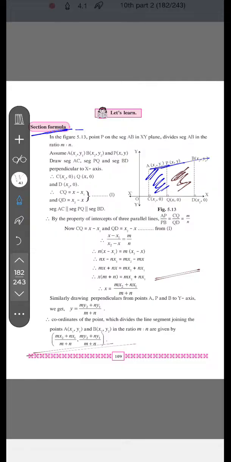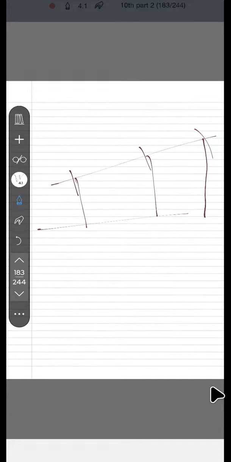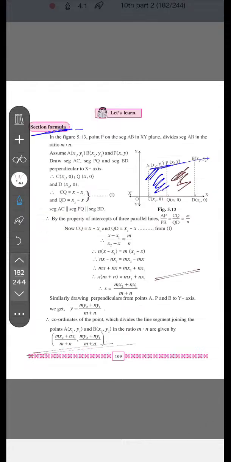Simply how? Here is the line. If this is divided in some part, then this and this is one section, this is another section. So based on that, here we have one formula to remember.